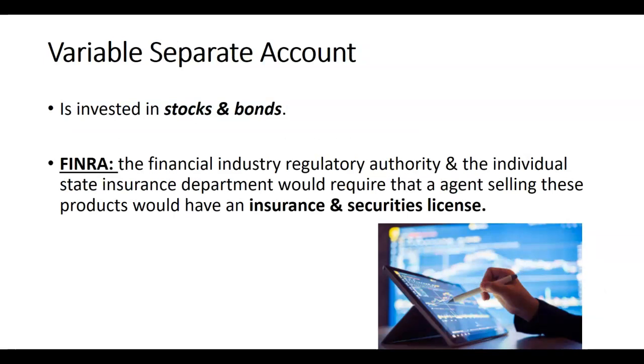All right. So within this separate account, like I just talked about, the cash value is invested in stocks and bonds when it comes to variable separate account. FINRA. What is FINRA?